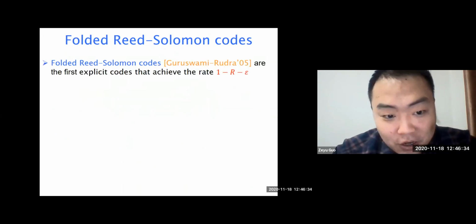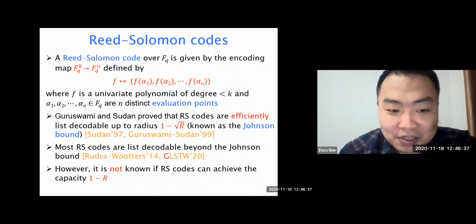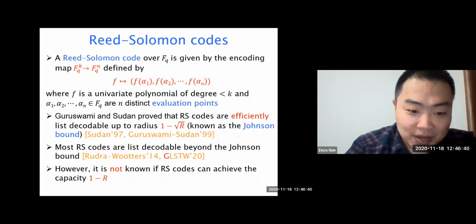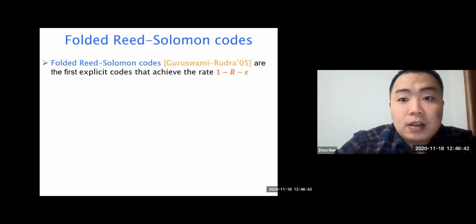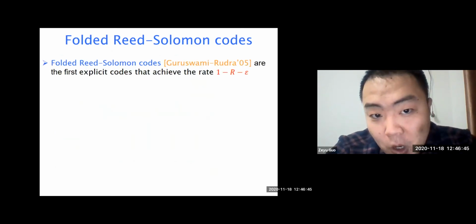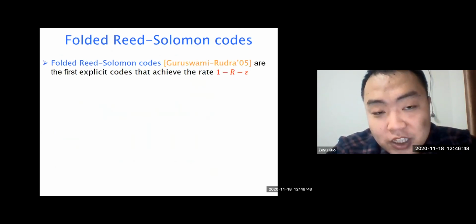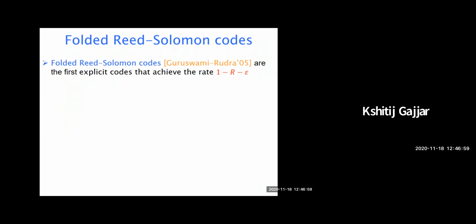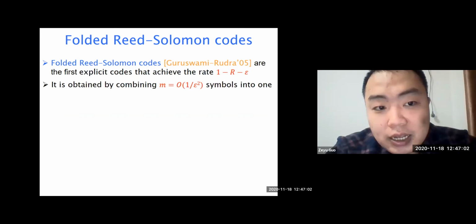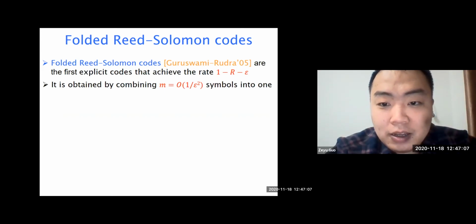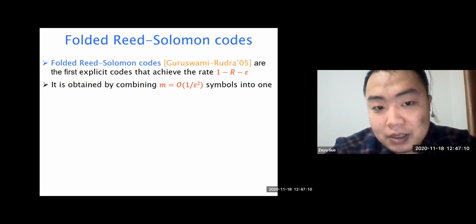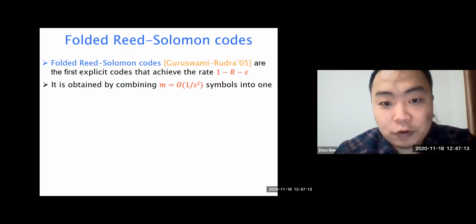Okay. So this is the Reed-Solomon code, and it's very simple, but it's not known if it can achieve the capacity. The first explicit code that achieved the list decoding capacity is known as folded Reed-Solomon codes. It was constructed by Guruswami and Rudra in their famous paper. They achieve the list decoding capacity 1 minus r minus epsilon, and this code is obtained from the standard Reed-Solomon codes by combining m symbols into one, where m is a parameter called the folding parameter.